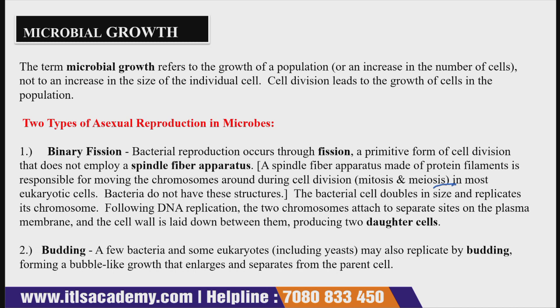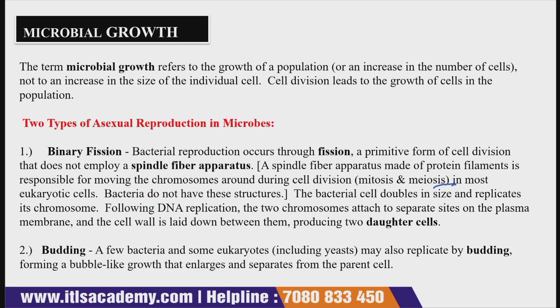So bacteria grow through asexual reproduction, and the first type is binary fission. Here bacteria reproduce themselves through fission. What is fission? It is a primitive form of cell division that does not employ a spindle fiber apparatus.